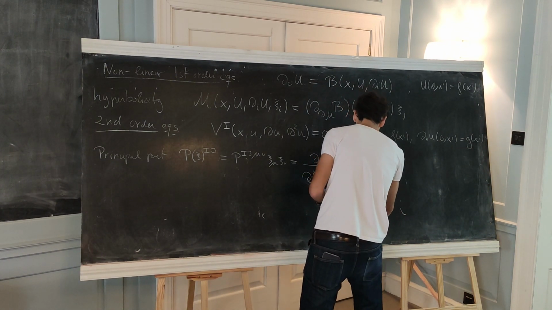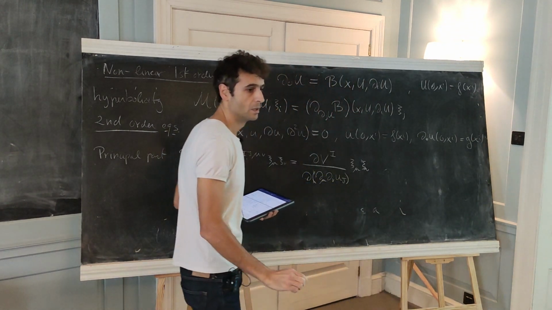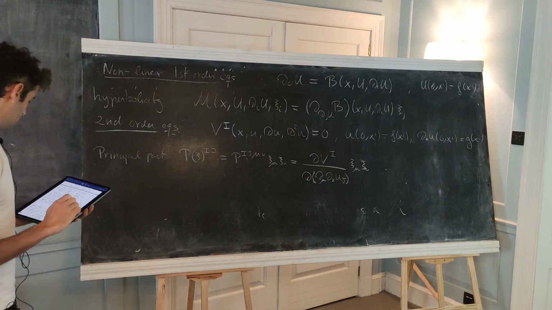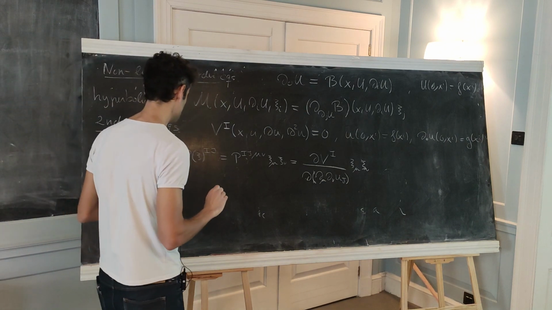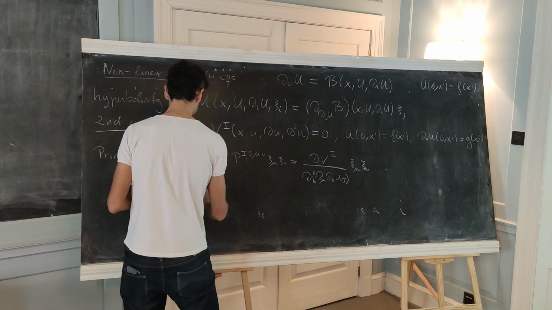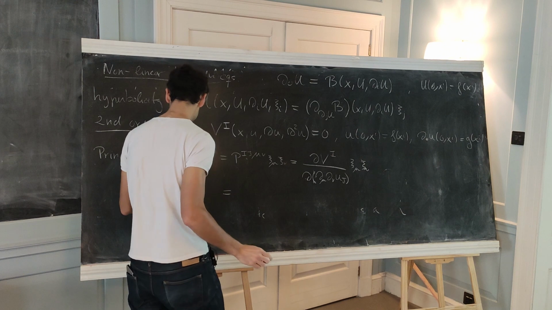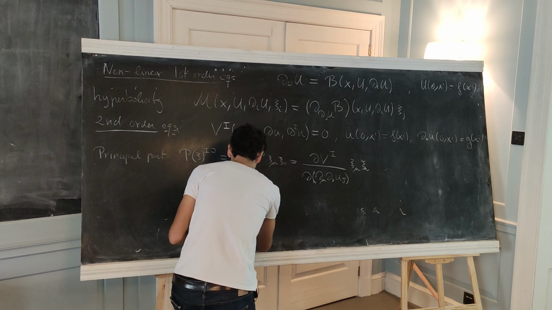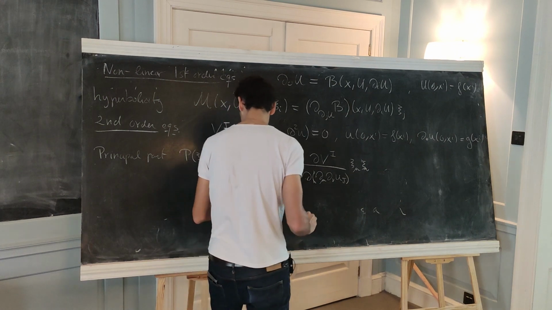And we substitute the derivatives by wave numbers. Okay? So that would give us the principal part. And these you can write, let me suppress the indices, in this form.